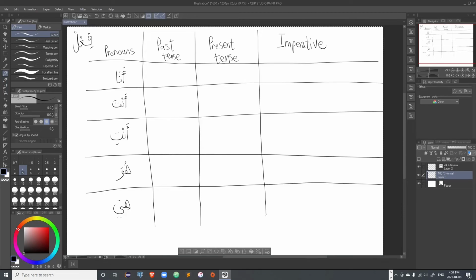So we have the root here. So what we will do is write the root in all three columns. However, we will not write the diacritic because the conjugations change the diacritics depending on the prefixes and the suffixes used.